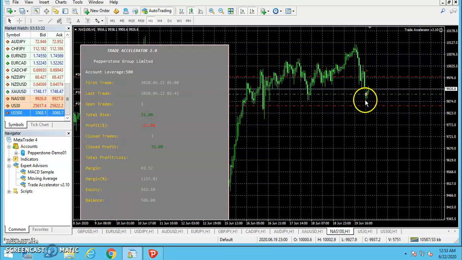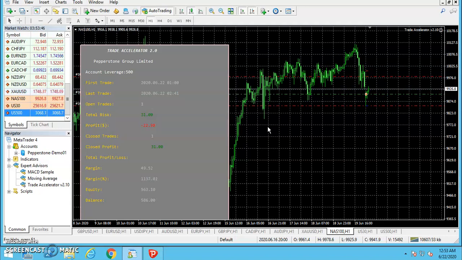For instance, if this trade is open, it won't be able to modify this order if I switch off auto trading, or if I close the platform, or if I switch off the computer. So that's why we let the EA run here on the VPS, and then everything else you can do on your cell phone or whatever.